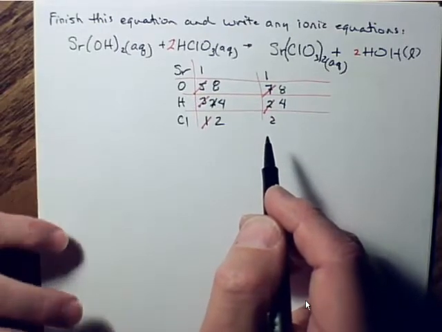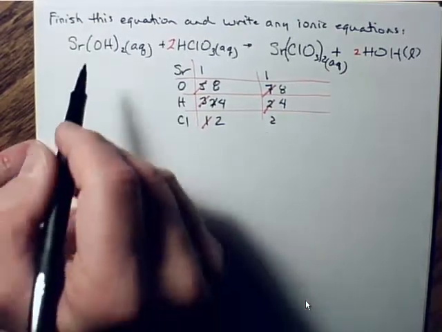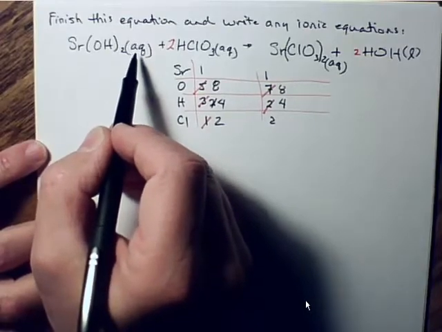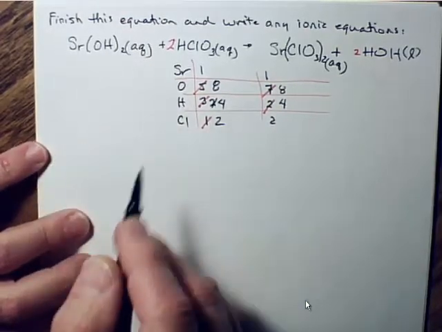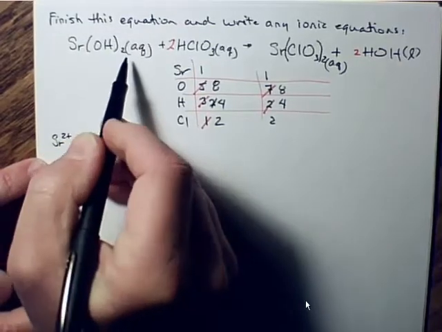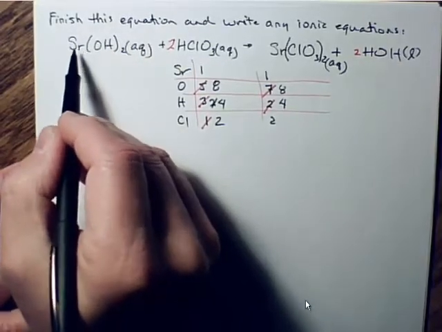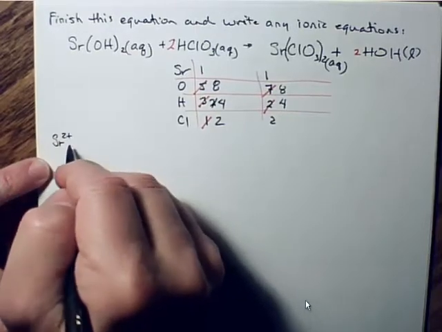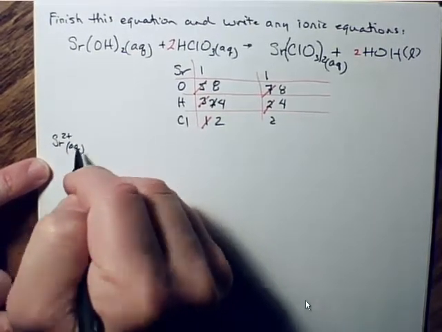Now we're ready to write the complete ionic equation first, then the net. This is an ionic compound. It's aqueous, so we're going to split it up. We have 1 strontium. Strontium has a 2 plus charge. This compound is aqueous because they split up. So this ion is aqueous.